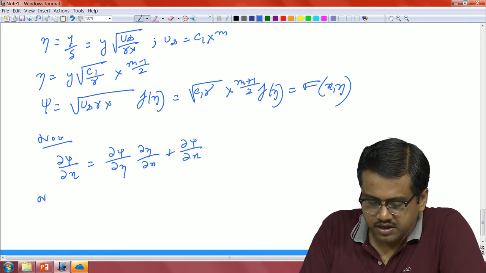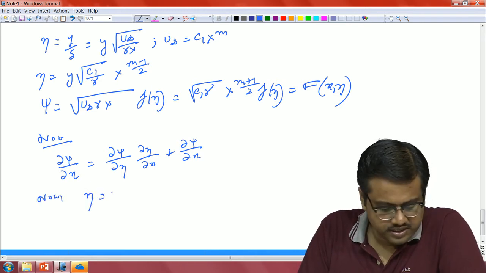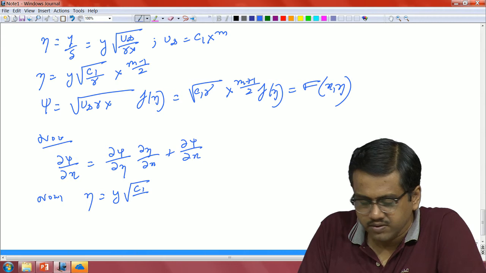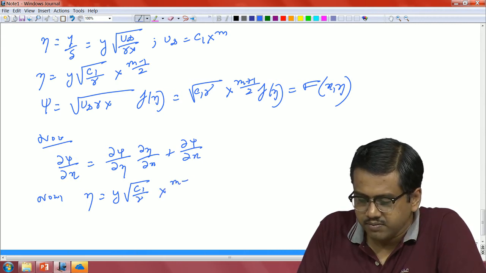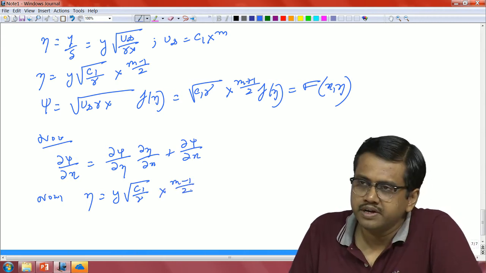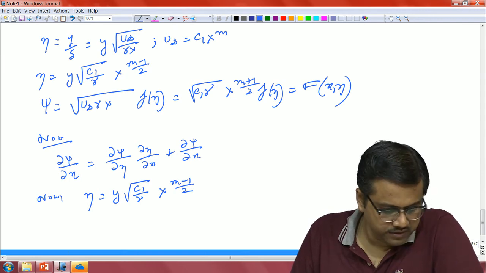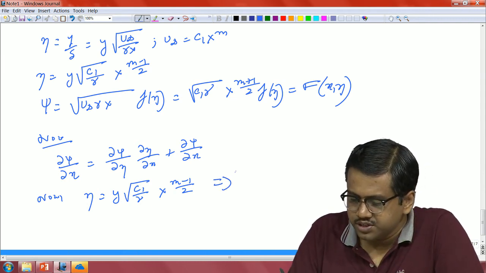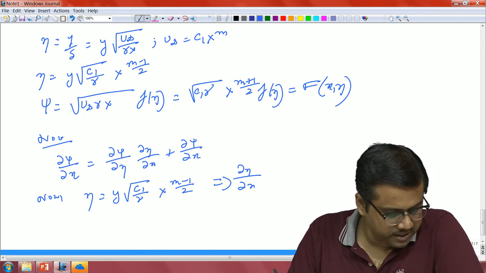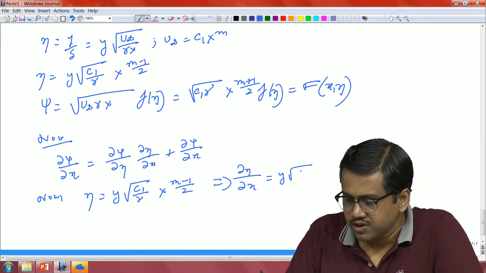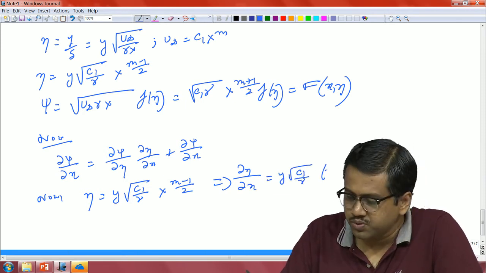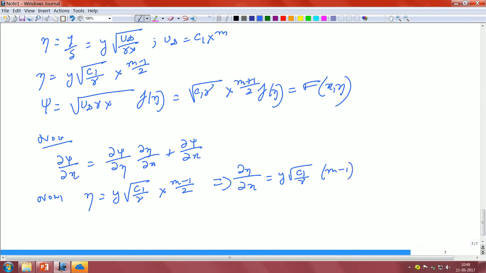Okay. Now, neta is given as y into the square root of C1 by gamma, x to the power of m minus 1 by 2, right. Okay. This is also given. So, therefore, this leads to, these are all mathematical transformations. So, it just requires that you work out the math in more detail, okay.